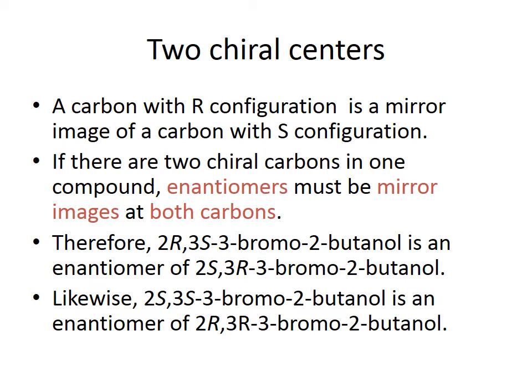So if I look down here at this compound, we have 2R, 3S. If I look at this, 2S, 3R, I know these are enantiomers. If I look down here at 2S, 3S, I know 2R, 3R is an enantiomer of this. But what happens when I compare this compound, 2R, 3S, to 2S, 3S?